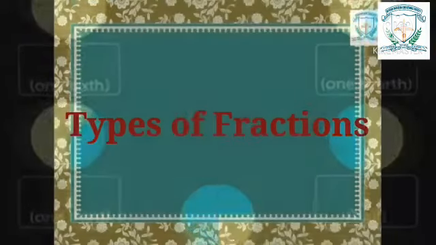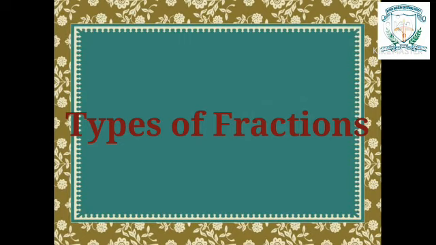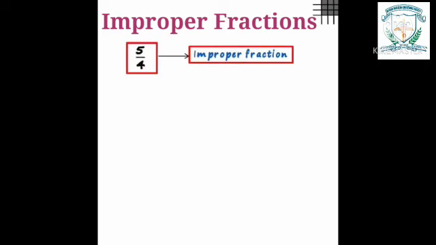Next, we shall move to another topic, that is types of fractions. Improper fraction. Let us understand this with an example. 5/4 is an improper fraction because a fraction in which the numerator is greater than the denominator is called an improper fraction.